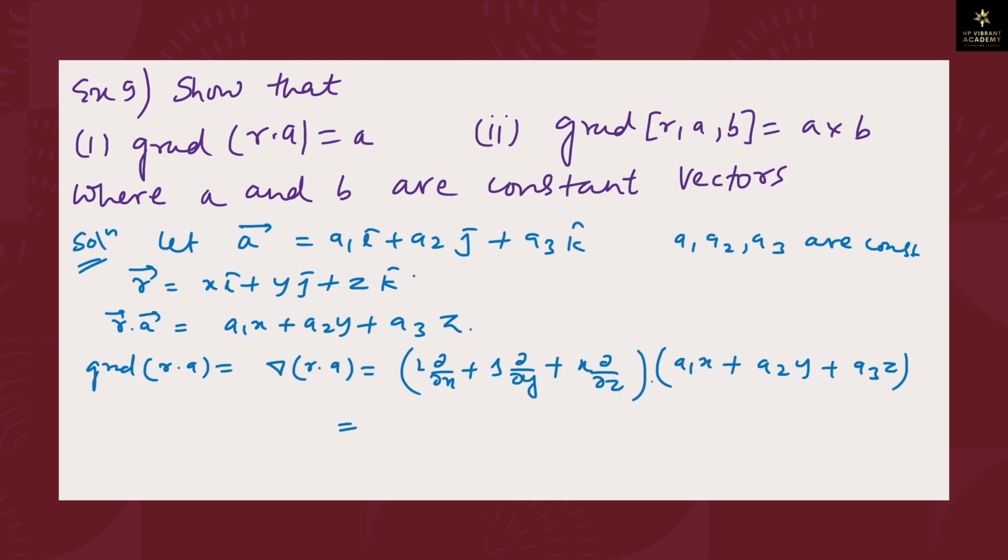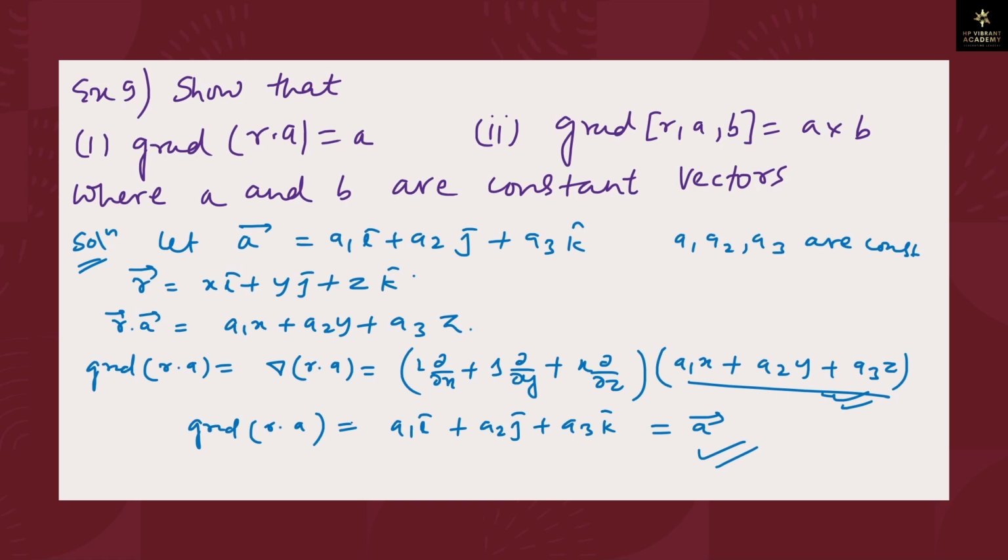So partial derivative of this whole expression with respect to x is a1 i cap plus, similarly, partial derivative with respect to y is a2 j cap, similarly a3 k cap. So this is a vector. So gradient of r dot a is equal to a vector. Understood?